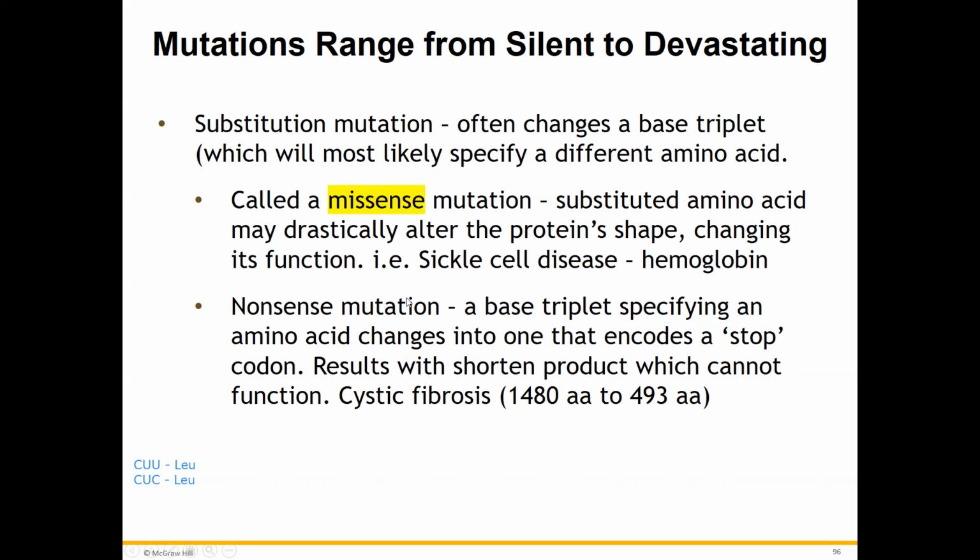There's also a nonsense mutation. And a nonsense mutation has the base triplet specifying a particular amino acid, and it changes into one that becomes a stop codon. So that's what happens in cystic fibrosis. We looked at cystic fibrosis back when we were doing cell transport.